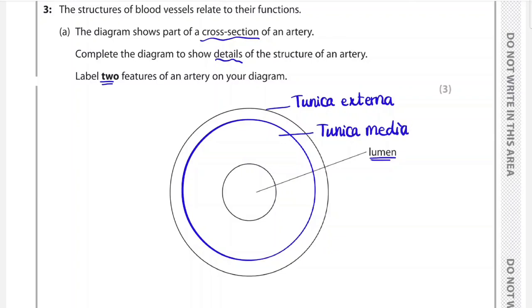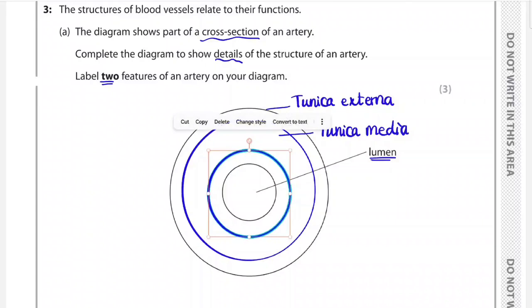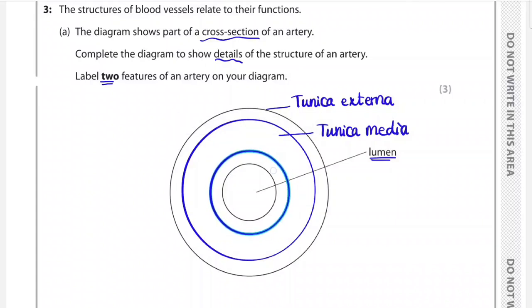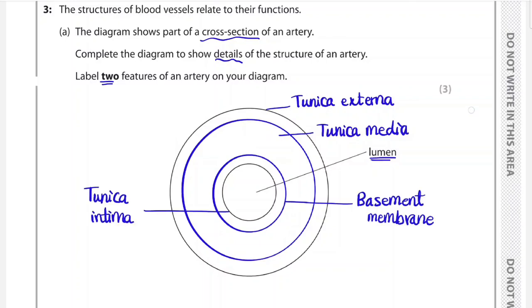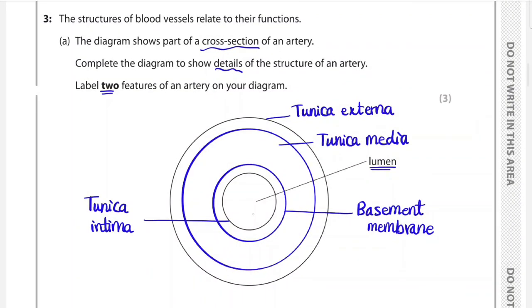Next, we can say we have a basement membrane surrounding the tunica intima, and the tunica intima is the innermost part which has the lumen inside it.